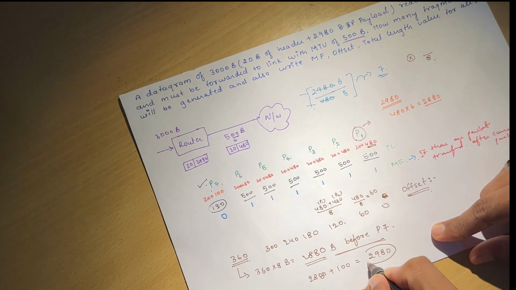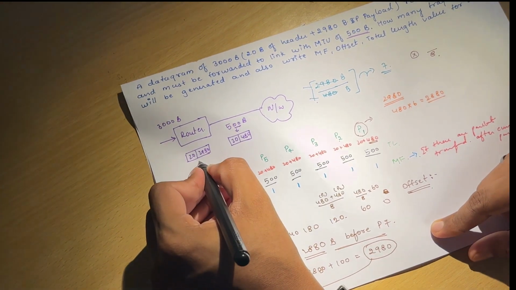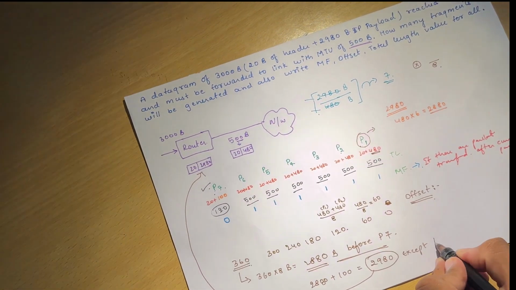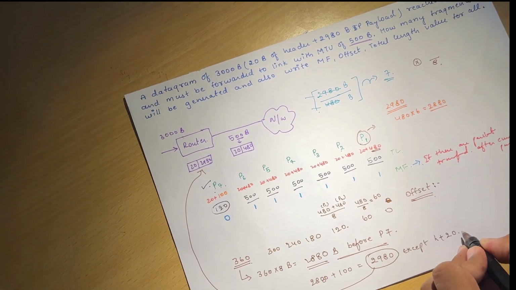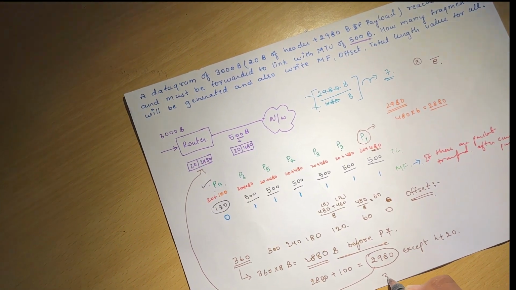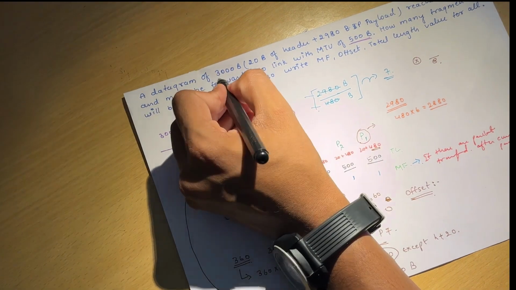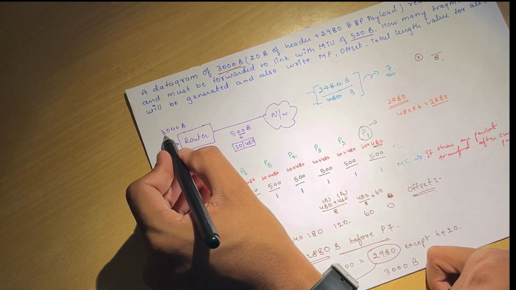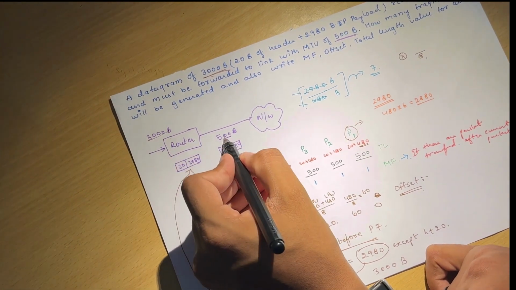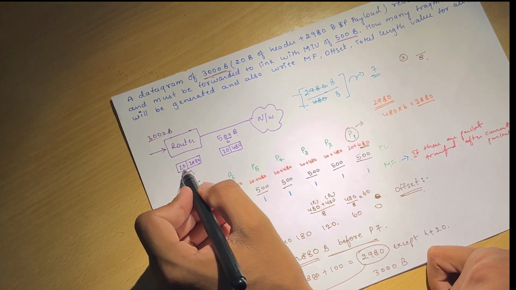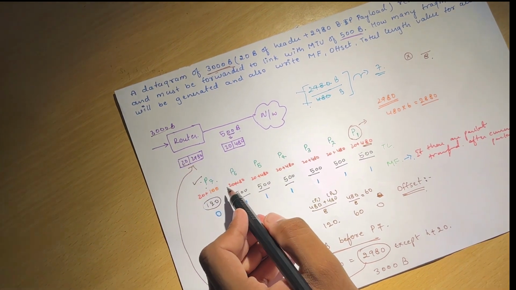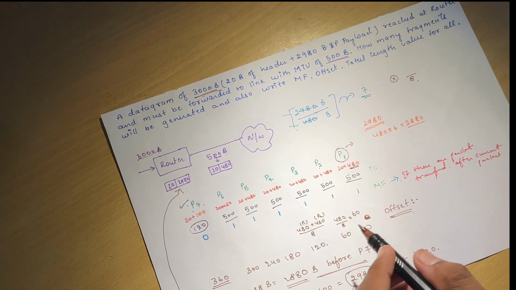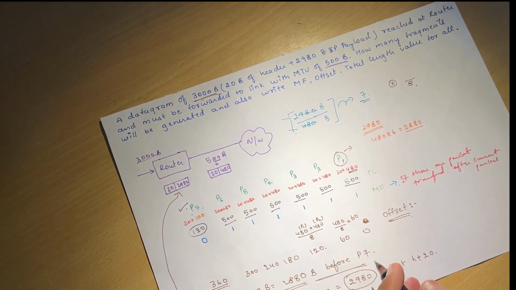This is the actual data which we were supposed to send except header, which is 20 byte. If we add 20 byte, it comes to 3000, which was the required amount of data to be sent. So this is how we came to know that for sending 3000 byte of data through an MTU of 500 byte with the header of 20, we will have to make 7 fragments, and in the 7 packet format this will be sent accordingly with the MF and offset. Thank you.